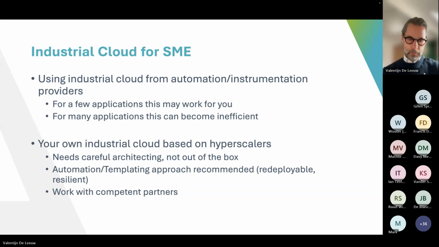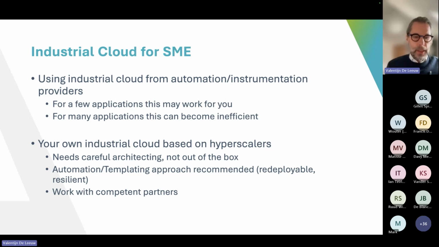And there we discovered that this needs very careful architecting, and it is not really out of the box to make that really secure. And what we would recommend is making a very good design. We'll show you a few principles to make a good design.